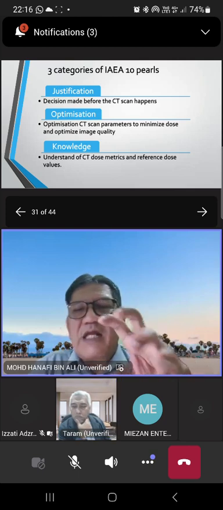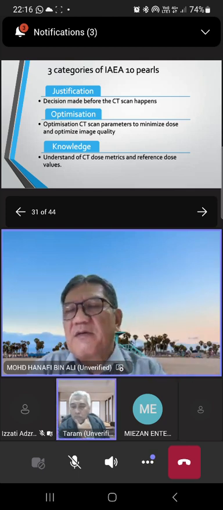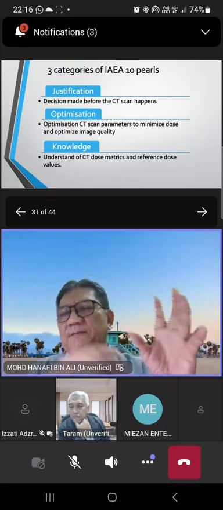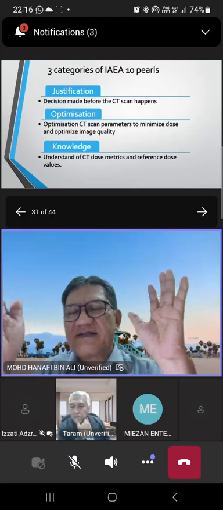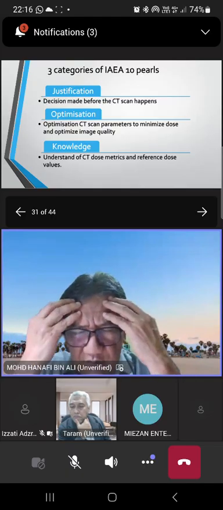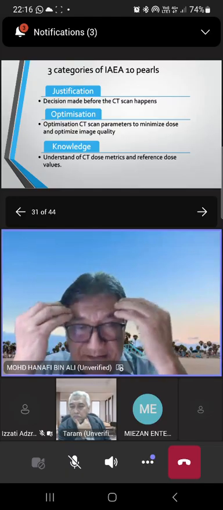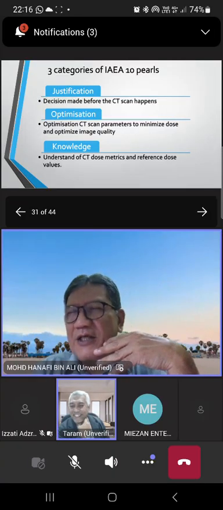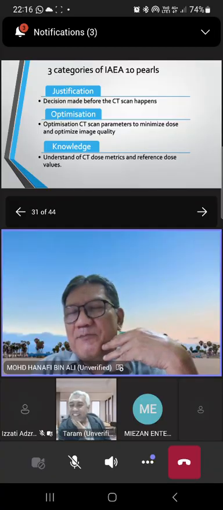For the radiation dose to the staff, medical physicists normally do that. At the Ministry of Health there are a lot of medical physicists, and we have a number of scientists. UKM also has a professor. I used to talk to them, like in UM.